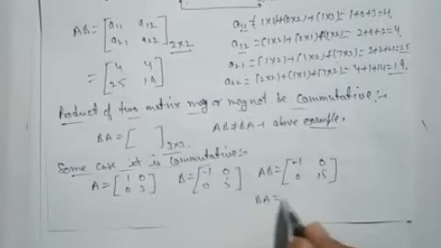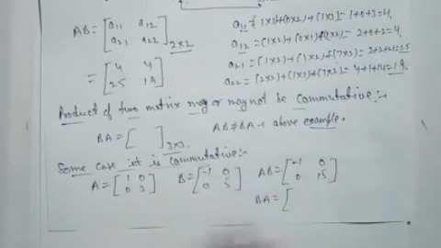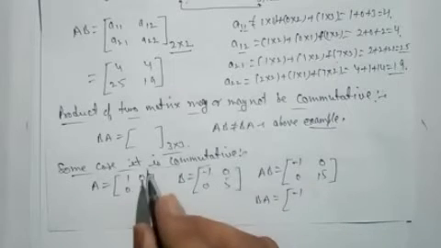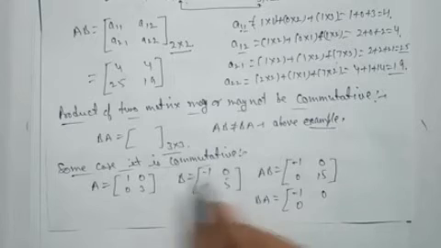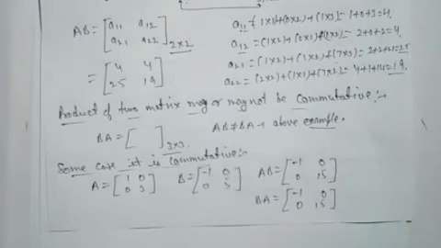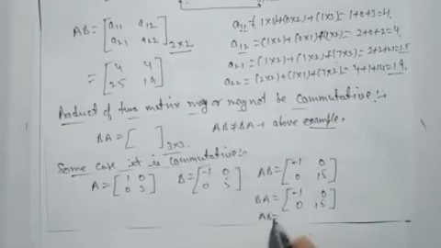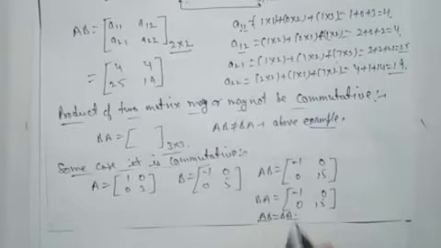BA is first row first column minus 1, first row second column 0, second row first column 0, second row second column 15. So in this case AB equals BA.